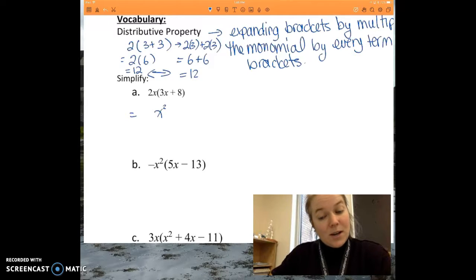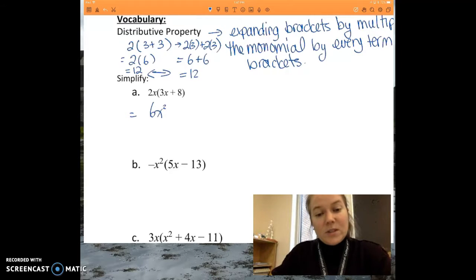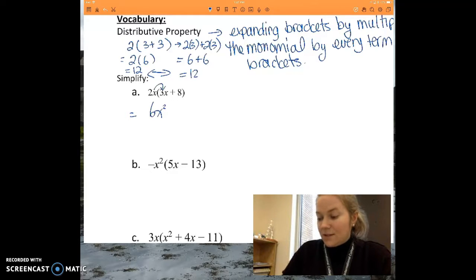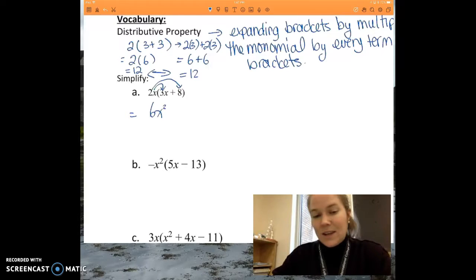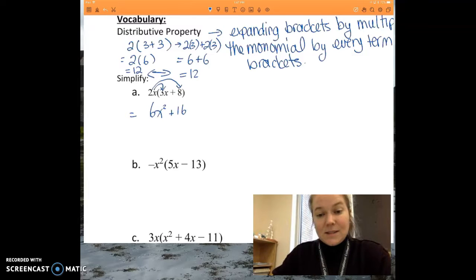And 2 times 3 is 6. So 2x times 3x is 6x squared. But I'm not done. I have to go through the whole bracket, so I'm going to apply the 2x to the 8 as well. 2 times 8 is 16, and I have x times nothing else, so that's just going to be 16x.